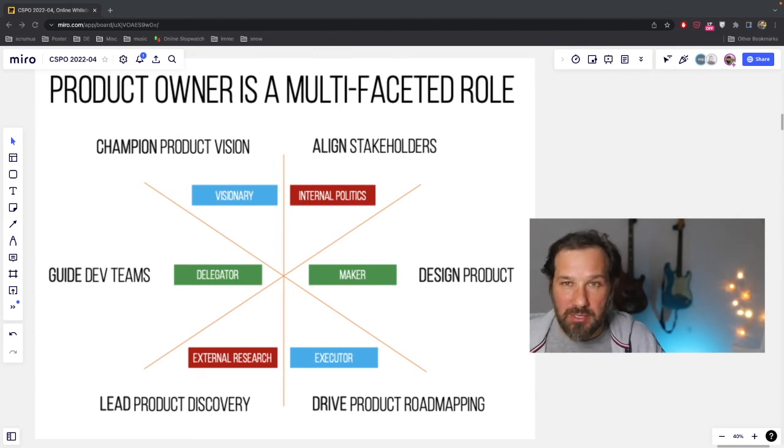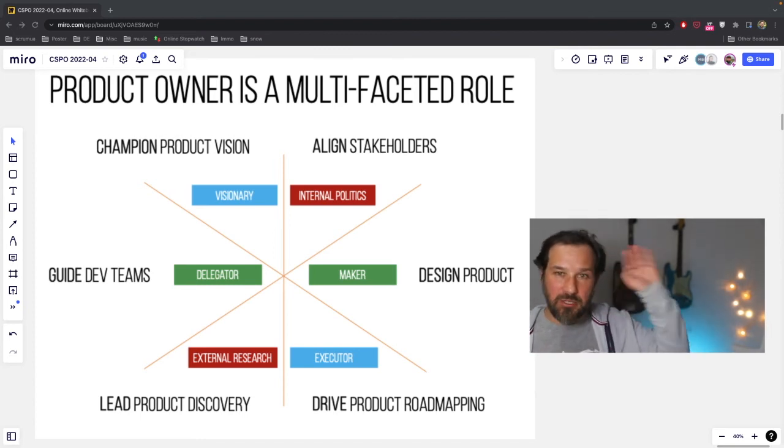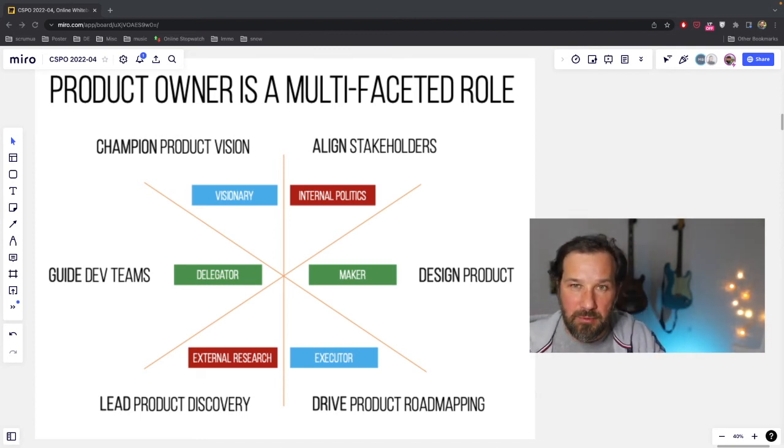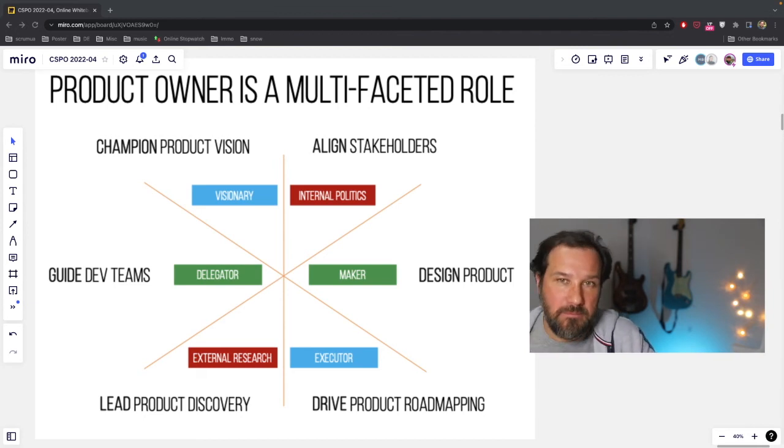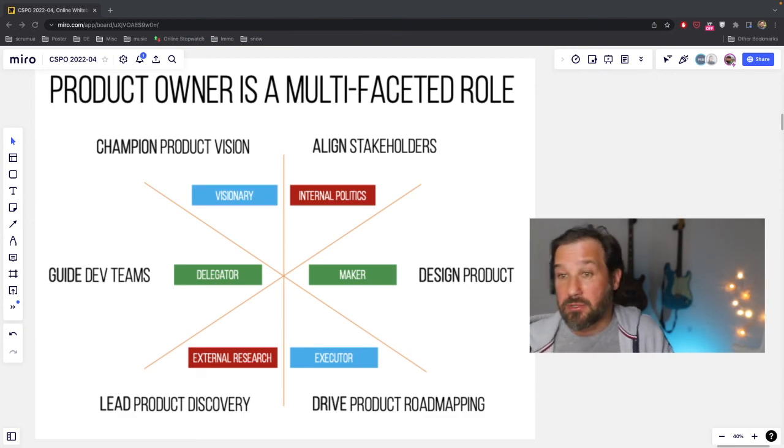Now, whether they liked it or not, let's leave that to other people. But makers, right? We want people to actually know what they're doing. We want the product owner to also be a subject matter expert in the field of the product they're developing. That's why making is important. But if you're just a maker, you'll become a bottleneck very soon. That's why you need to delegate.